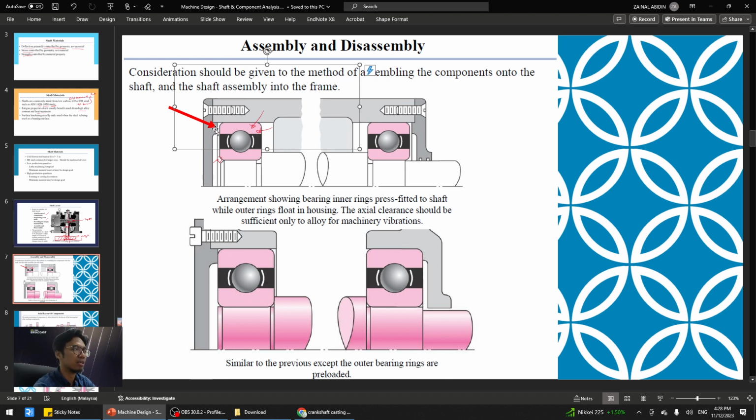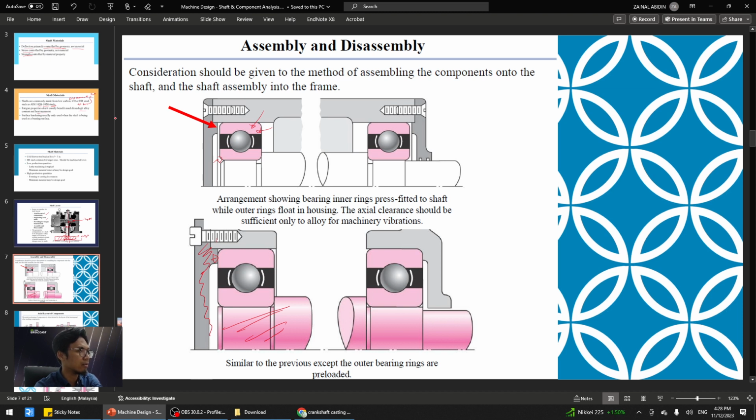So the best design is to consider the outer bearing shell must be intact. Okay, must be intact with the housing shell. Macam ni lah design macam ni. Ni housing tu, ni awak punya shaft, kemudian ni bearing dia must be fully contact.